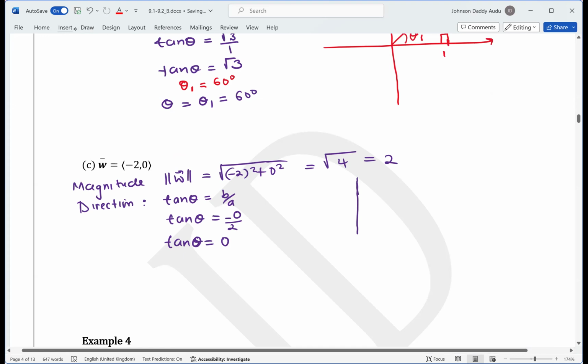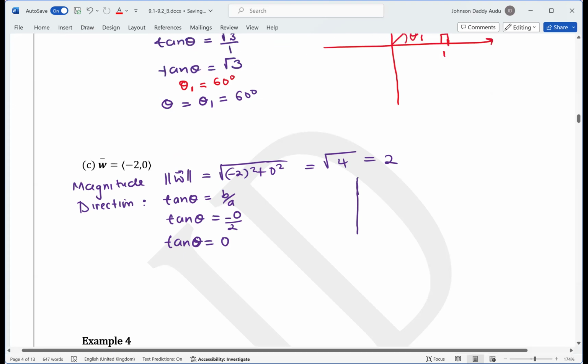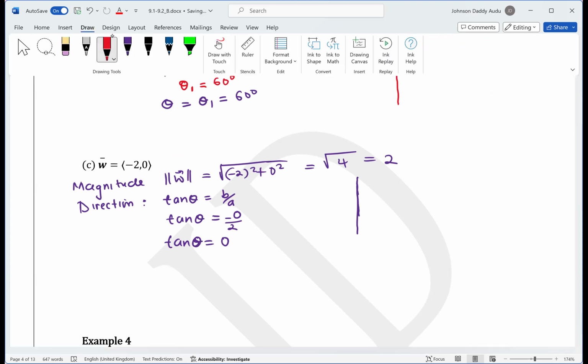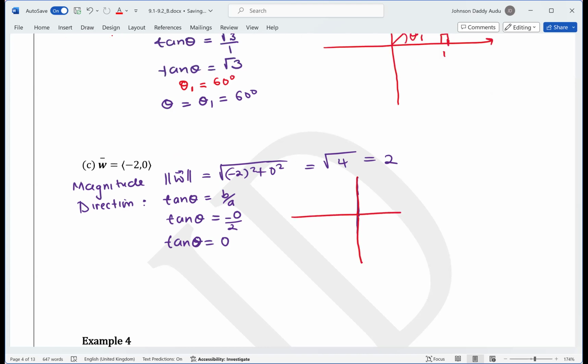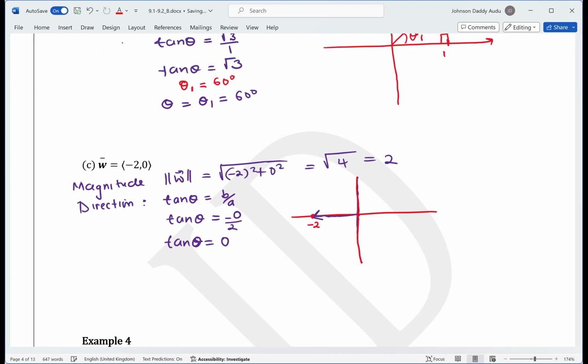This vector, we cannot say it belongs to any quadrant because you can see the x value or the y value is 0, right? So it's just a quadrantal. It's going to be somewhere here. This is -2. So we have this vector, something like this.